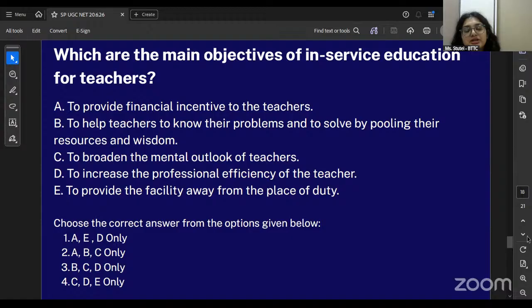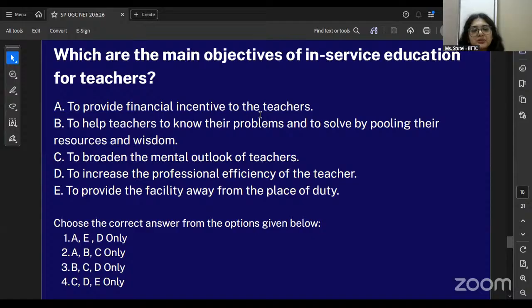To provide financial incentive to the teachers. Now, when we think of teaching or when we look at ourselves and think that, okay, I'm a teacher, we don't really think about option number A, right? We think about doing the best for our students. So then in my mind, I made a mental note that, okay, this is not the best option for me.